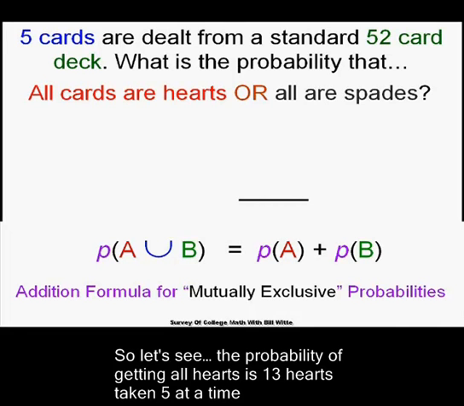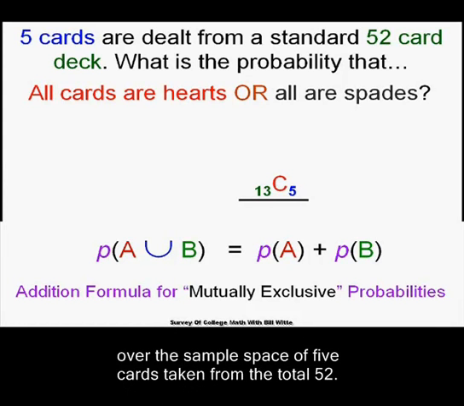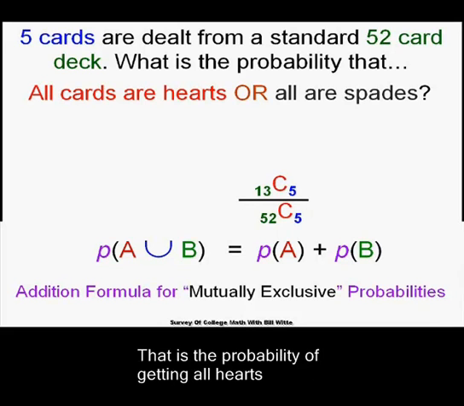So we'll have the probability that all the cards are hearts. Let's see, how many ways can that happen? A combination of the 13 hearts taken 5 at a time for this hand, over your typical 5-card hand combination, your sample space, 52 cards taken 5 at a time. So there's your probability that your 5 cards are going to have all hearts.